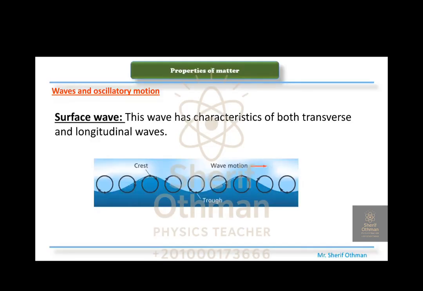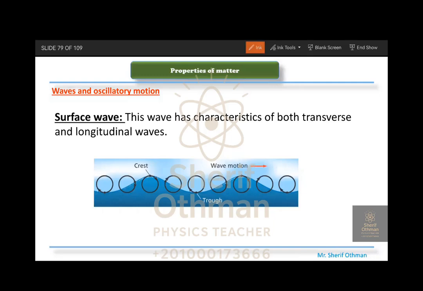Surface wave, guys. What is a surface wave? Surface wave has characteristics of transverse wave and longitudinal wave. In this wave, the particles vibrate in two directions, perpendicular to the wave direction and along the wave direction, exactly like the water wave. Water waves transfer energy toward the shore side. We can find that the particles of water vibrate up and down, and also make something similar to circulation.